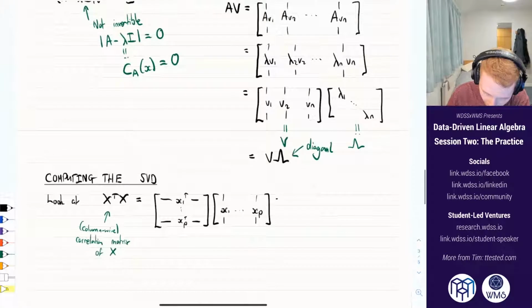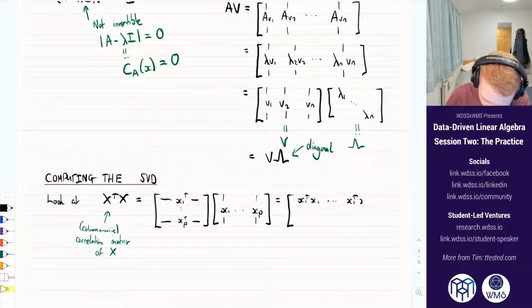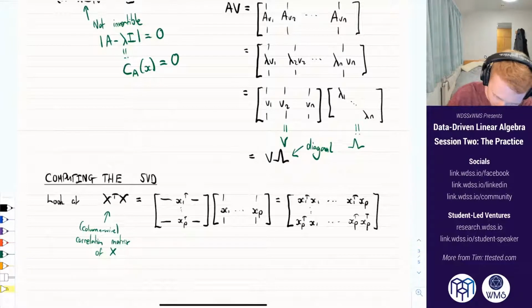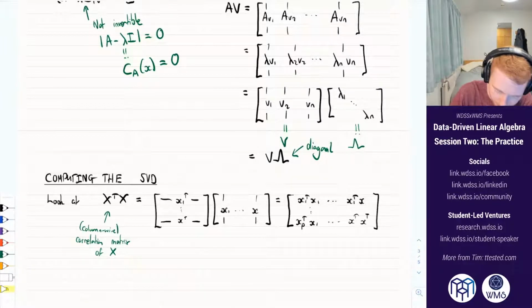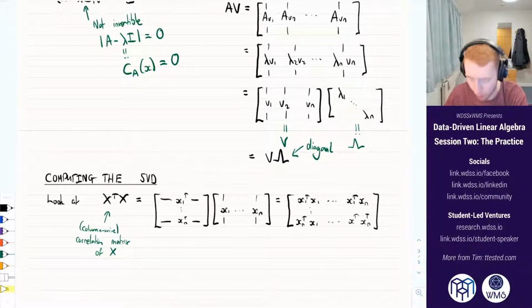It's going to look something like this: x1 transpose x1, all the way up to x1 transpose xp, xp transpose x1, and all the way to xp transpose xp. That doesn't look right. These should have all been n's. Each of these has a length of n, but we only have p observations. Sorry for any confusion there. Those are both n's.